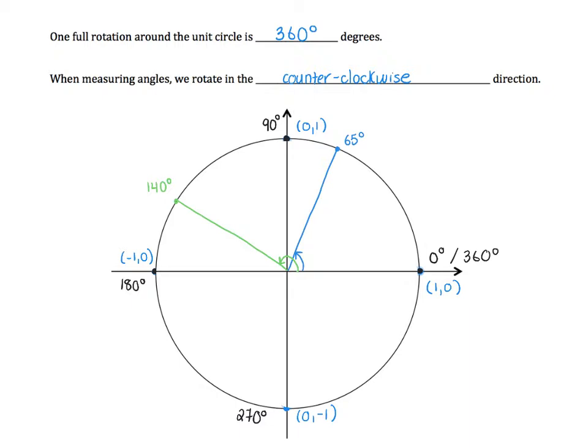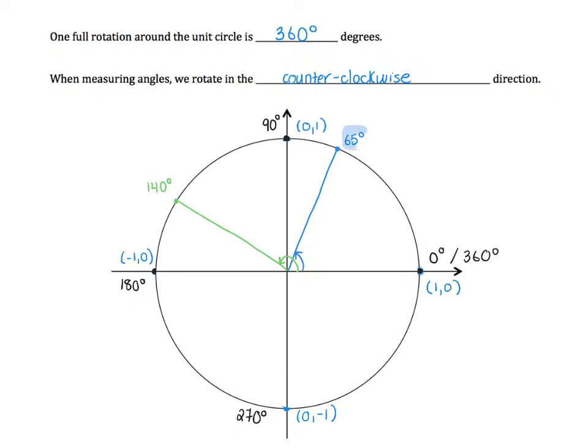So this is the time when I would like to introduce the concept of the reference angle. A reference angle simply means the angle that our angle makes with the x-axis. So let's go back to this 65-degree angle here.